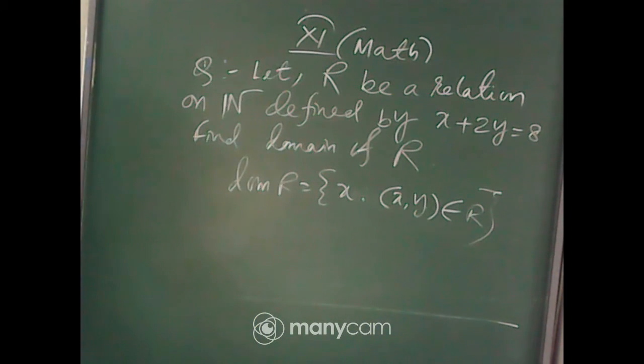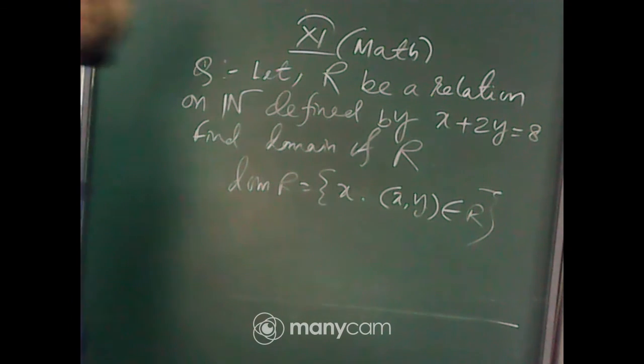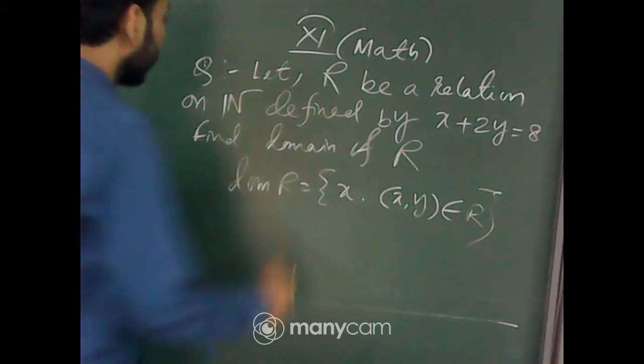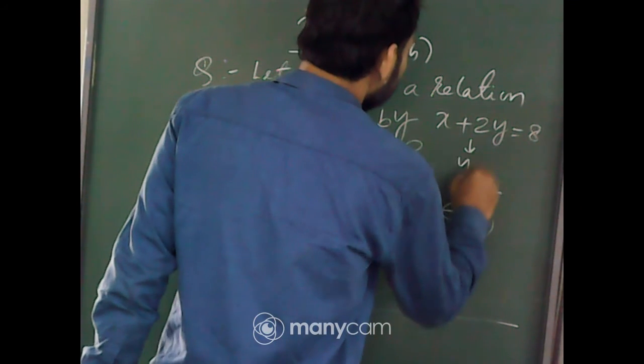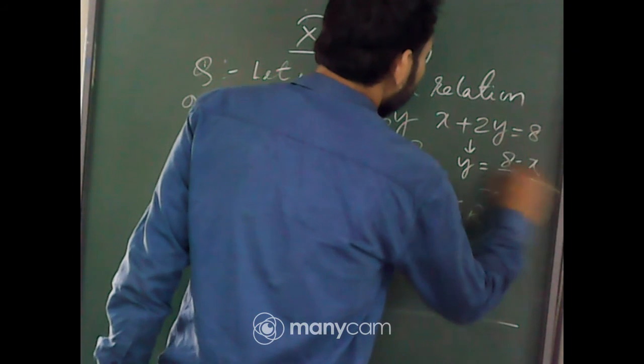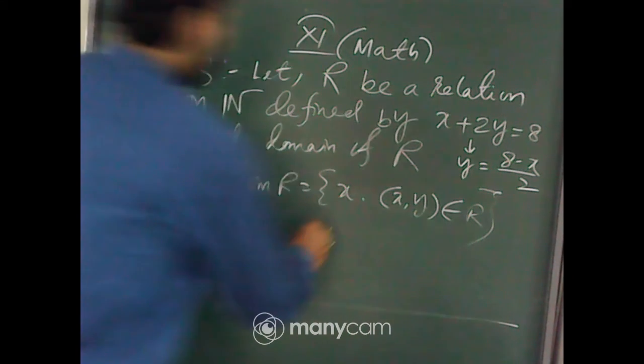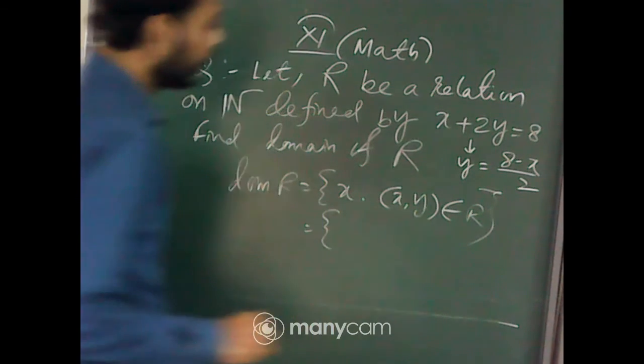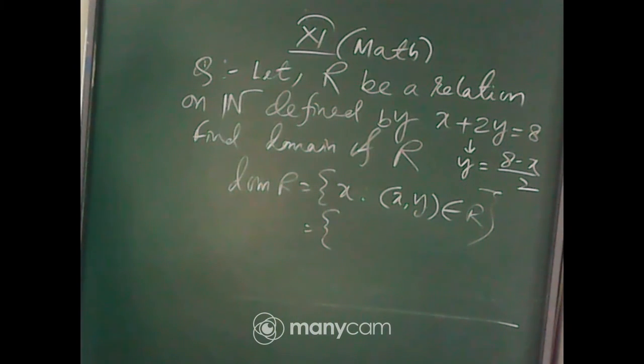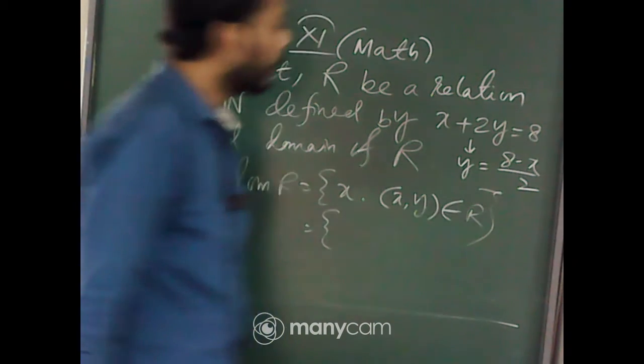Okay. Now here both x and y belong to the natural numbers. Now here y equals 8 minus x by 2. Whenever you put x equals 1, then y equals 7 by 2, that does not belong to natural numbers.